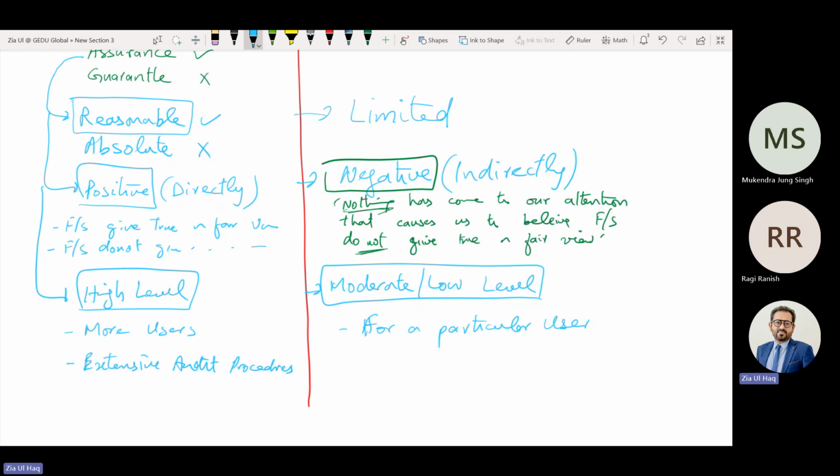High level means we are providing assurance through use of extensive audit procedures, detailed work, substantive procedures. In a non-audit engagement, we do not perform extensive audit procedures. We do not perform substantive procedures. We are providing assurance through 3 limited procedures.